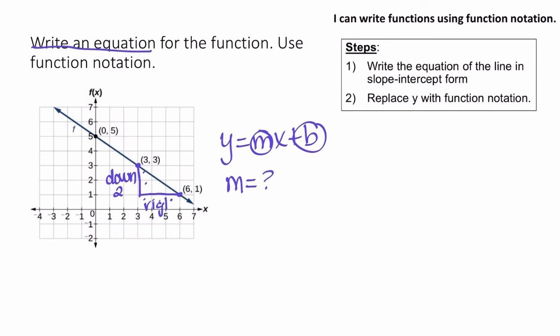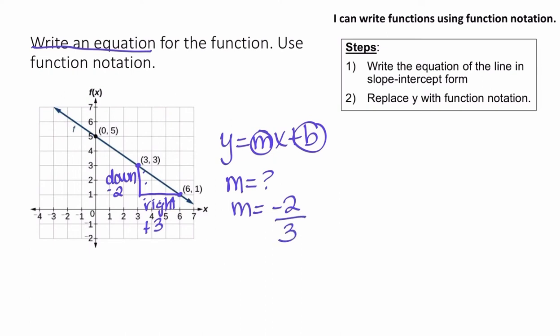So down 2, right 3. When you're counting slope, if you go down, that will be a negative number. If you go right, that will be a positive number. Remember, slope is change in y over change in x. So when I write my slope, m will equal -2/3.